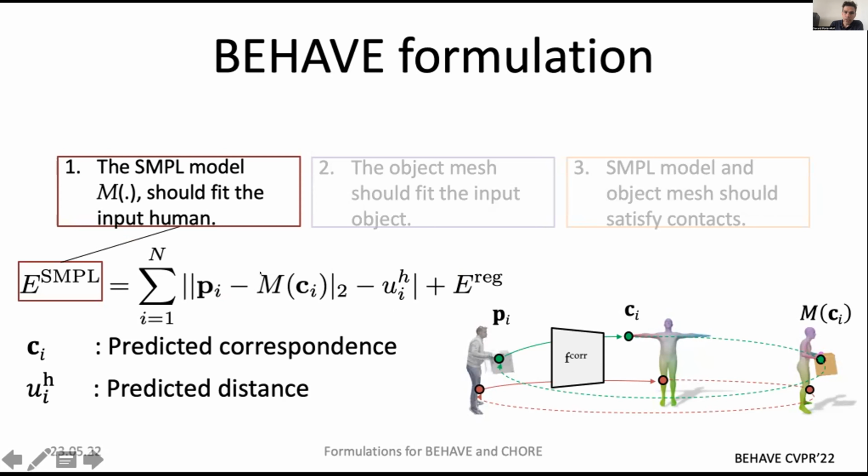We want the distance from this body model to pi to match the actual distance predicted by the neural network UI. That's why we have this distance minus this distance, and we want to minimize this discrepancy, basically.